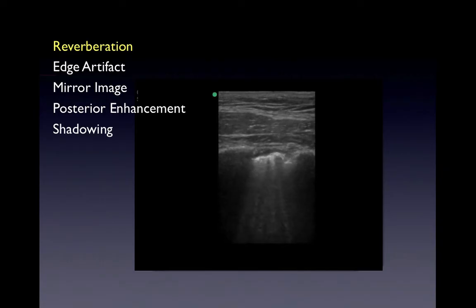However, in this video clip, we're seeing vertical lines. These vertical reverberation lines are due to the interstitial syndrome. So this might be something that you would see with congestive heart failure, perhaps a pneumonia. Okay? These are bright white comet tail artifacts that are starting from the pleura and going all the way down, extending to the far field of the image, to the edge of the screen.